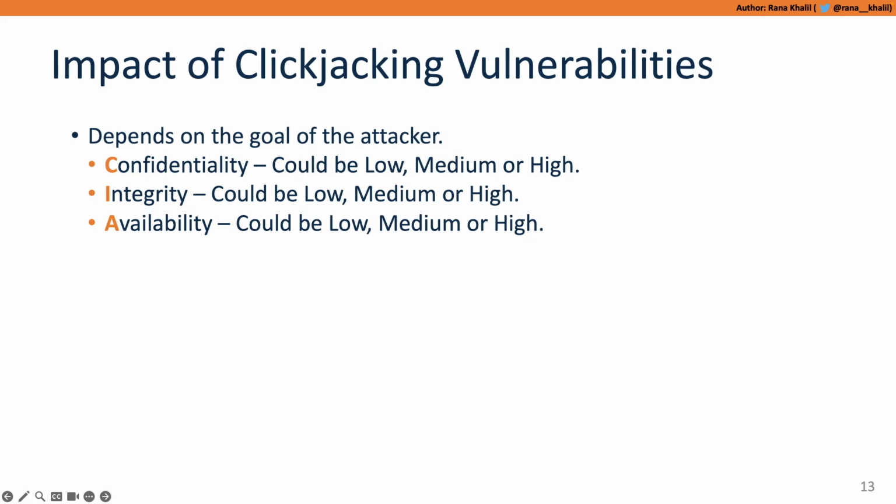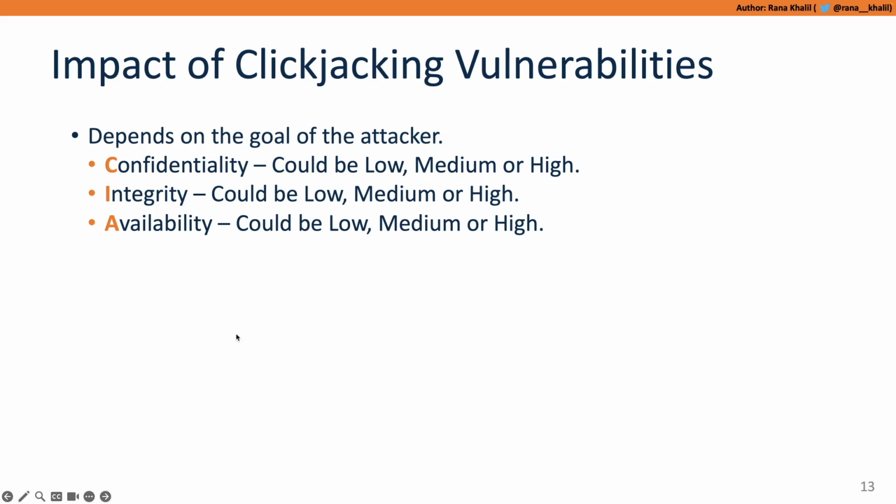Now, when it comes to clickjacking vulnerabilities, the impact really depends on the goal of the attacker. So if we're talking about, let's say, a likejacking attack, where you get the user to like a page that they did not intend to like, then technically the impact is extremely low.